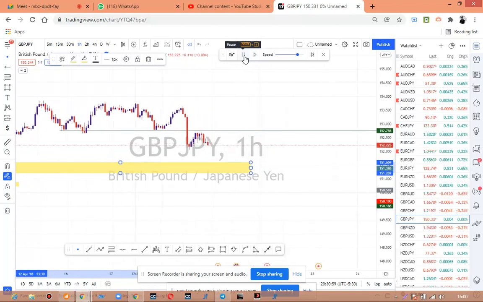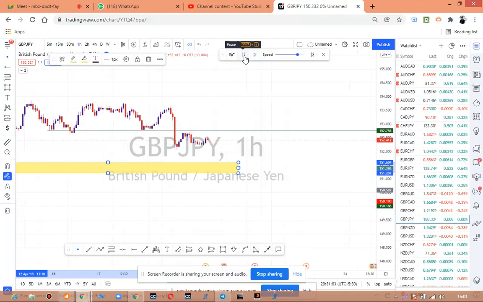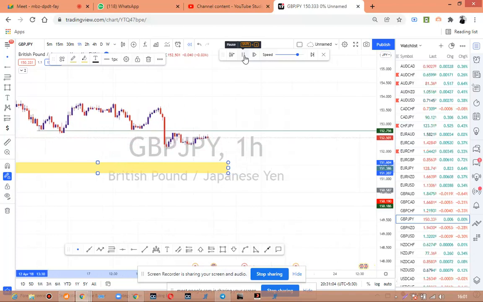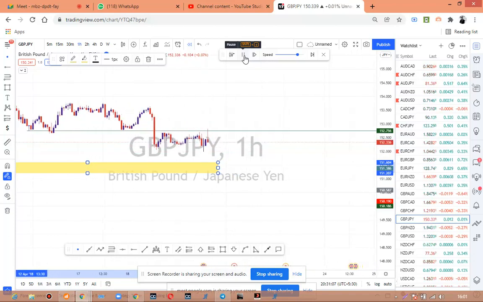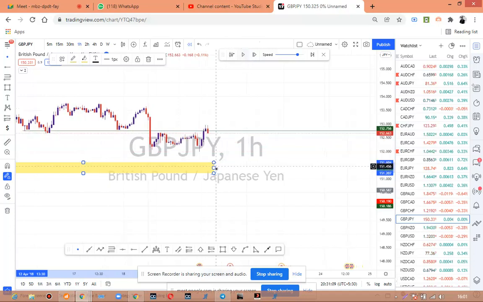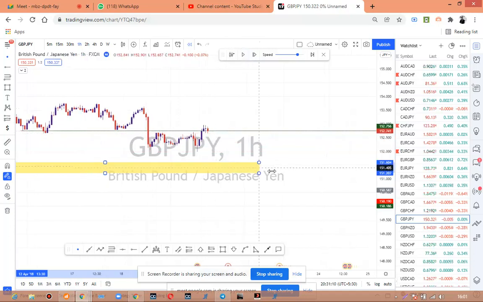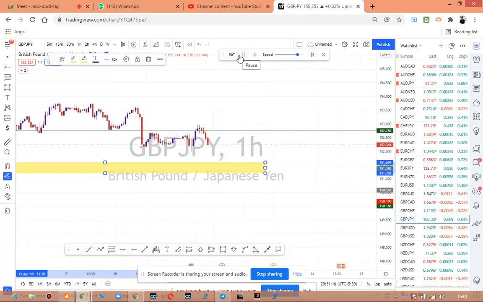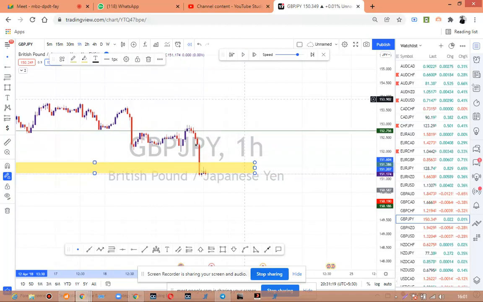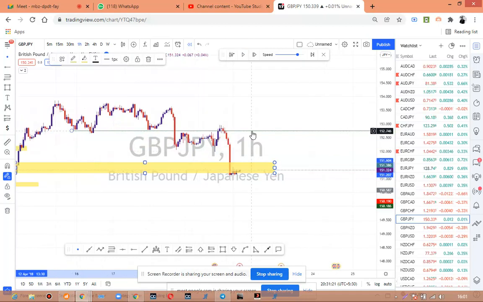A little bit closer. Okay, very strong selling pressure toward the demand zone.